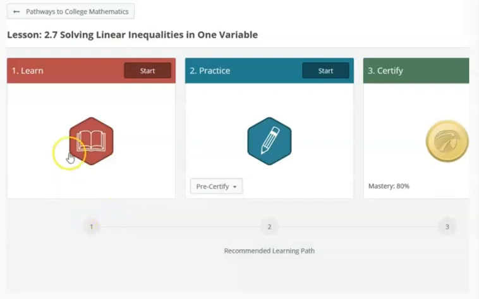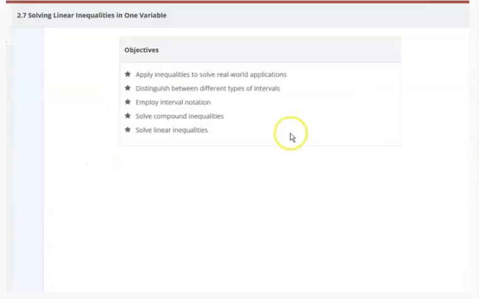In the last topic of Chapter 2, Section 7, we're going to take a look at what are called linear inequalities. Here is the list of objectives.